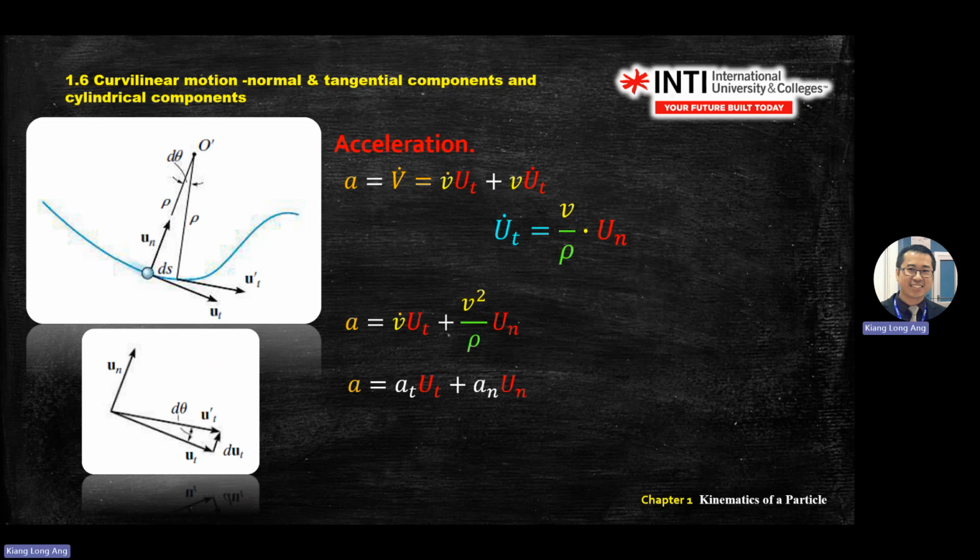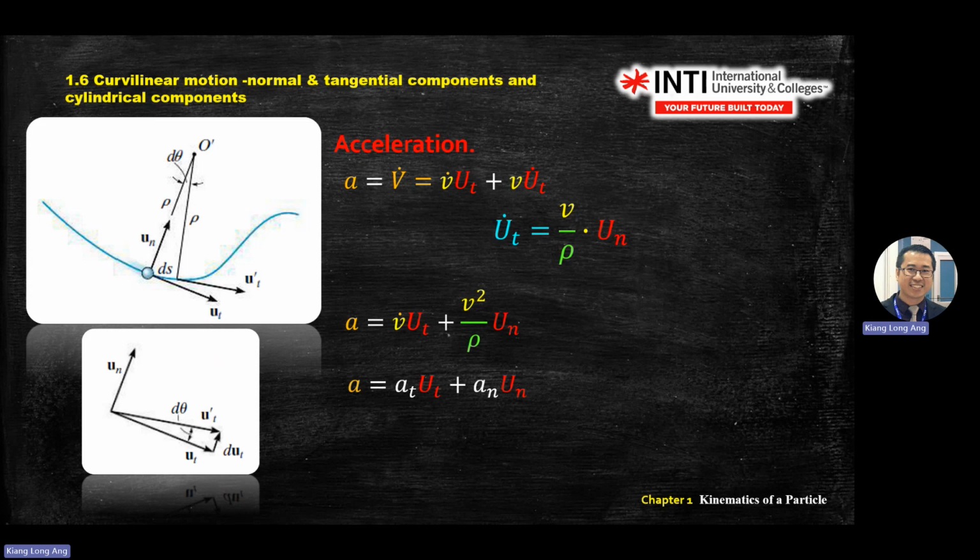Yeah, so this equation is important when it comes to curvilinear motion question. Make sense? Okay, so this slide is important. You always come back to this equation. Every time you see curvilinear motion, straight away draw axis, then draw velocity. Then write this equation.